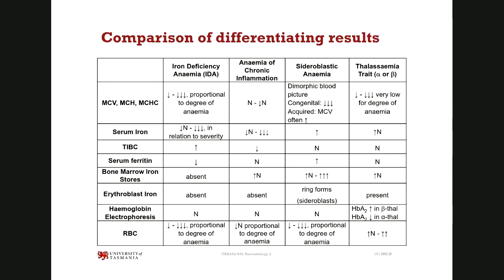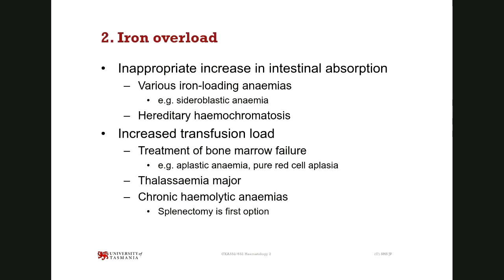Okay, so I'm back again, and just for the last half hour, we're going to have a look at iron overload. And so, as we've previously described, homeostatic mechanisms store and recycle iron rather than excreting it. And in fact, we don't have a homeostatic mechanism to correct iron excess, only iron deficiency.